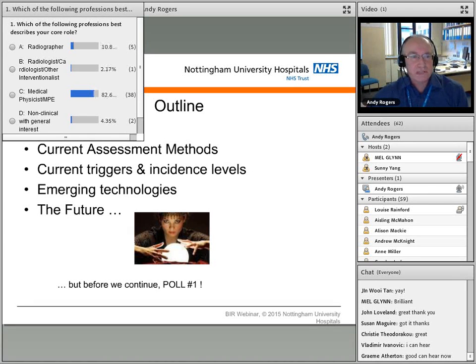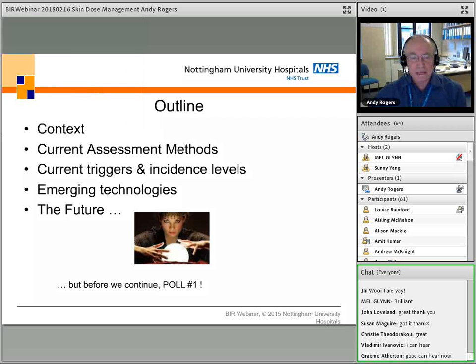So majority nerdy physicists and a few radiographers, one or two radiologists, cardiologists, or others, we'll never know, and a couple of people non-clinical with general interest. Can't even remember what I meant by that now when I set the poll up. Okay, so that's given us a broad idea, mainly physics staff, but hopefully this will be accessible for everybody.